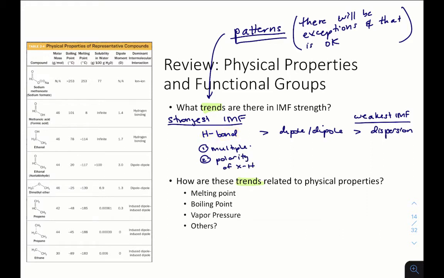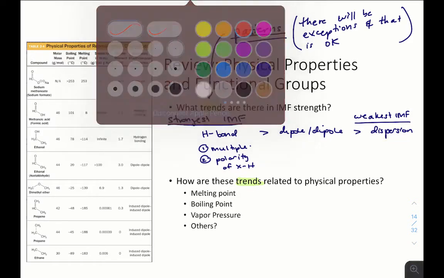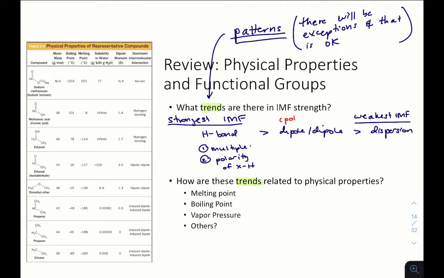Second, the dipole-dipole is a little less strong than hydrogen bonding interactions generally, but it's stronger than London dispersion forces, which operate for all molecules, but are most significant for nonpolar molecules.